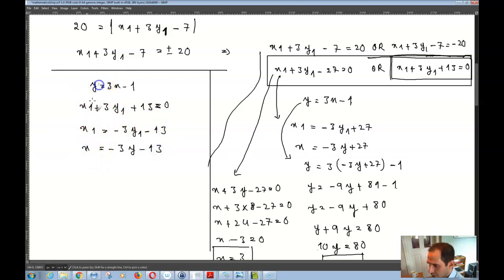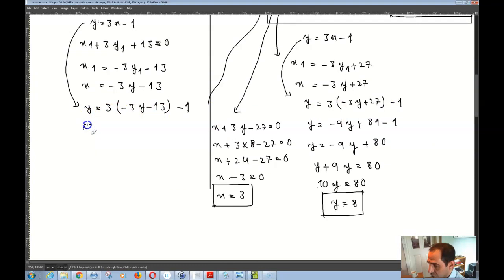Then put this x in this equation: y is equal to 3 times negative 3y minus 13, minus 1. This gives me y is equal to negative 9y minus 39 minus 1. So this goes to the other side: 9y plus y is equal to 10y is equal to negative 40. y is equal to negative 40 over 10, which is equal to negative 4. y is equal to negative 4.